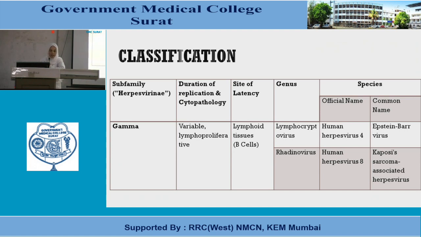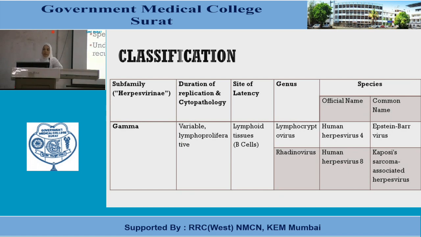The other is rhadinovirus, which is also called human herpes 8, associated with Kaposi sarcoma, and this we all know is one of the associations in AIDS, right? In the later stage of an HIV infected patient, you may have a clinical presentation of Kaposi sarcoma where the whole skin and the tissue is infected. They have black eschar and the presentation is different.